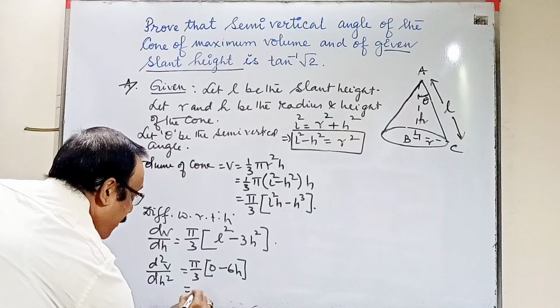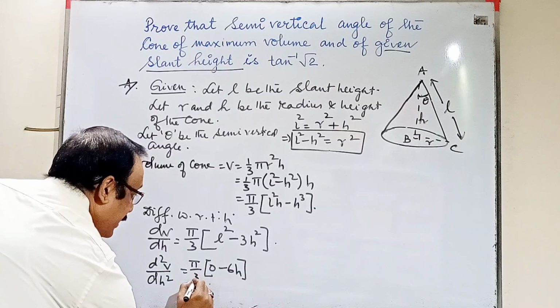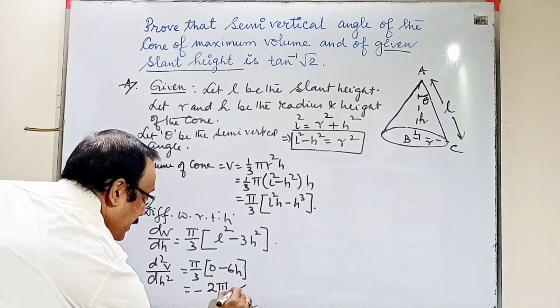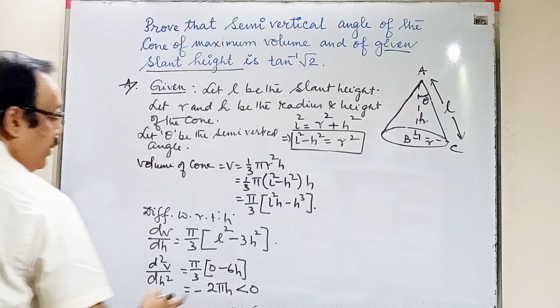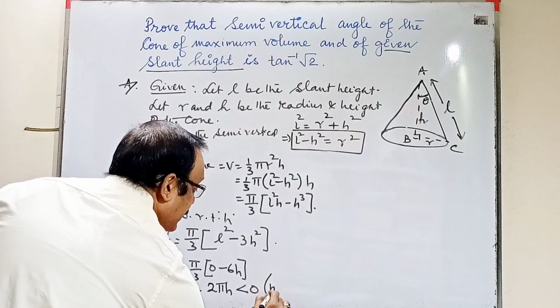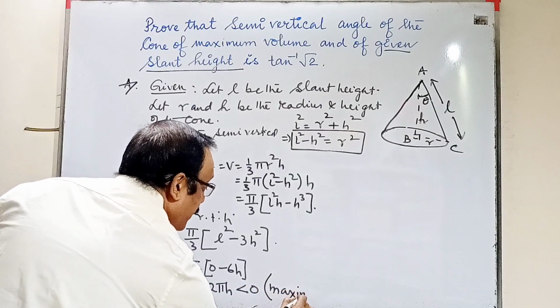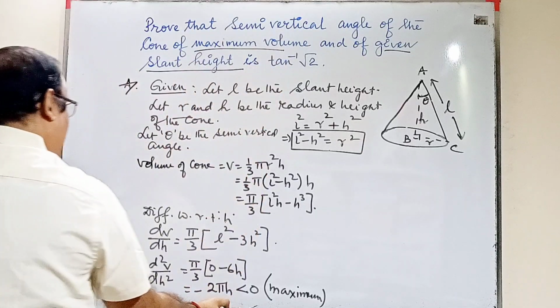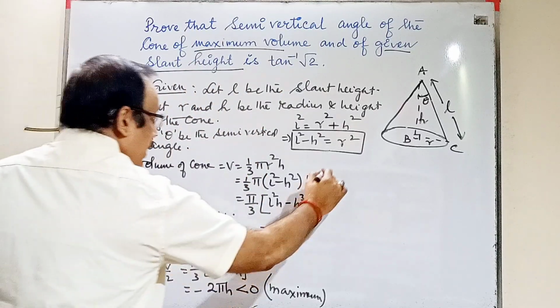So this will be minus 2 pi H, which is less than 0. So if the second order derivative is less than 0, then it is maximum. So we have proved that the volume is maximum.